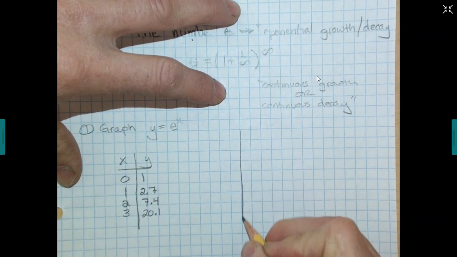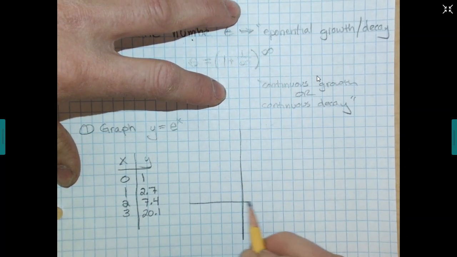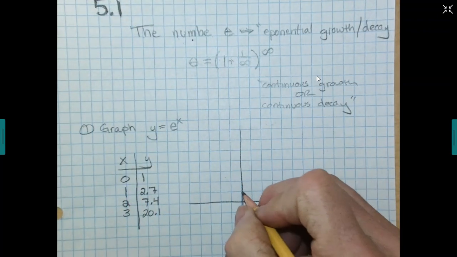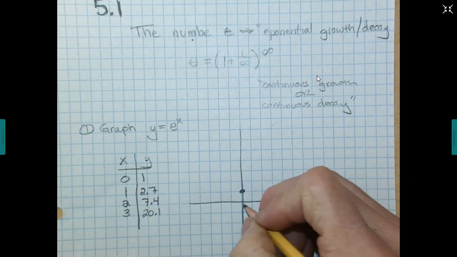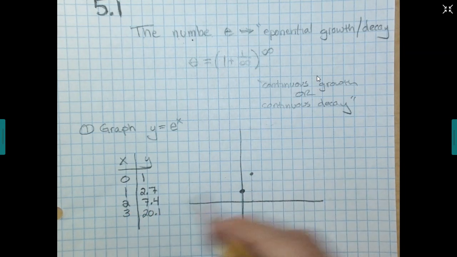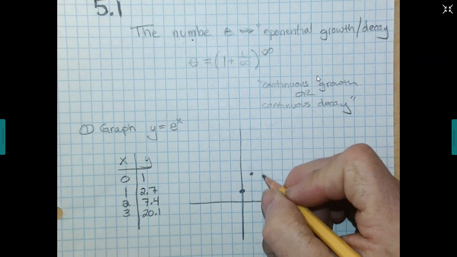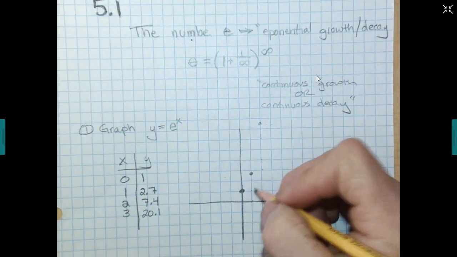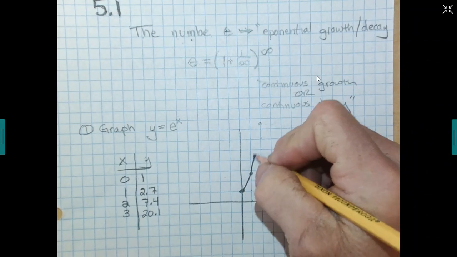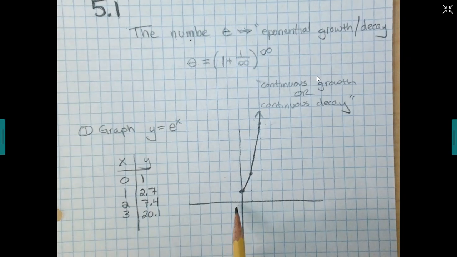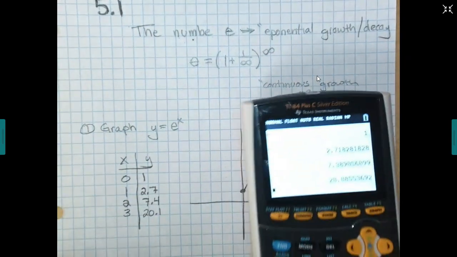And I will make my graph: 0, 1; 1, 2.7; 2, 7.4. So there's part of it.